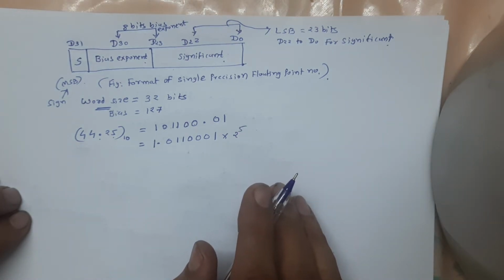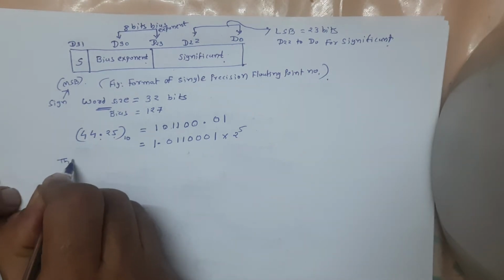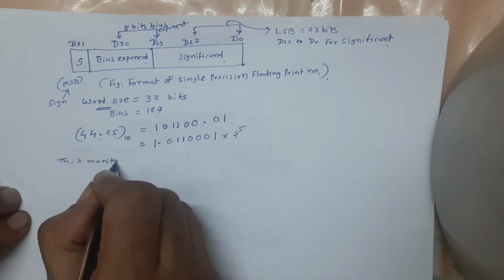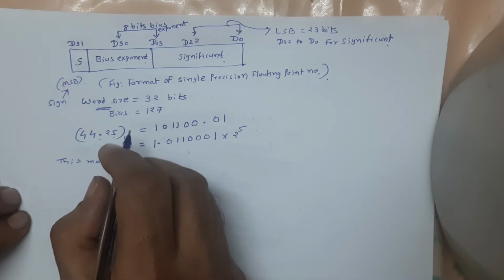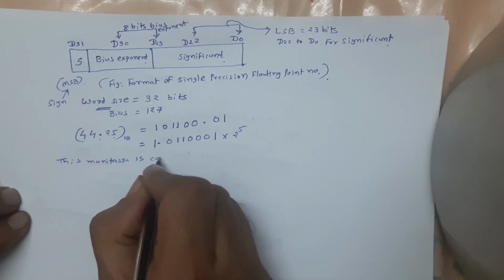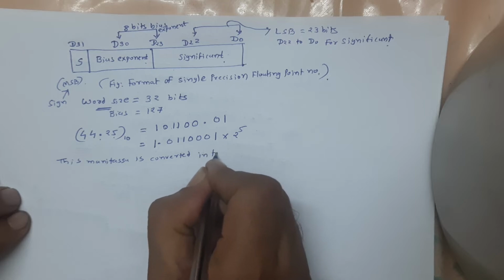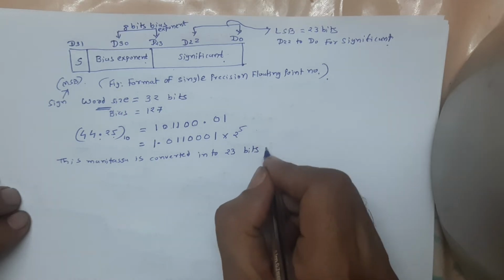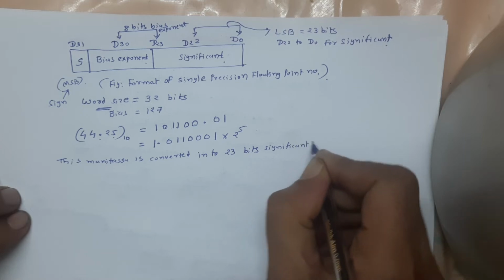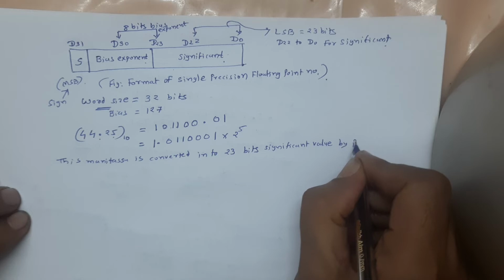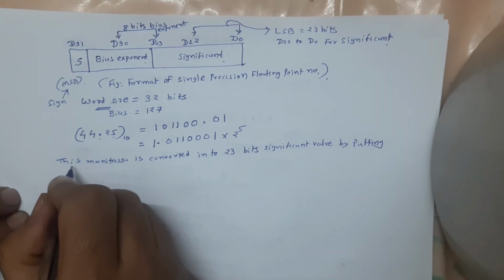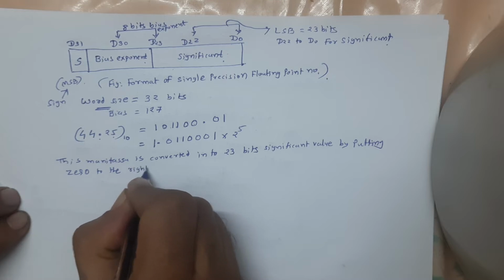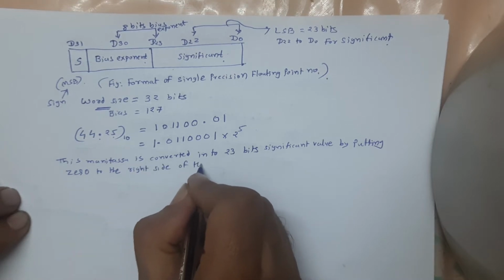The mantissa is converted into 23 bits, by putting 0s to the right side of the number.